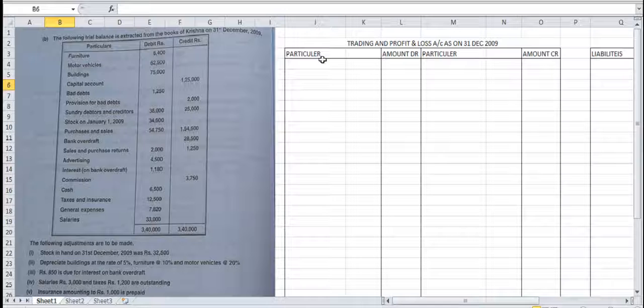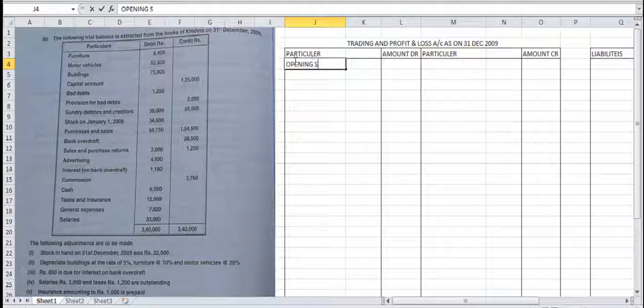If you want to prepare trading and profit and loss account, you can directly prepare this one. For example, what are the entries that come into the trading account? Furniture, no, it won't come. Motor vehicle, it won't come. Building, it won't come. Capital account also, bad debts also won't come. Provision, sundry debtors won't come. Opening stock will come.